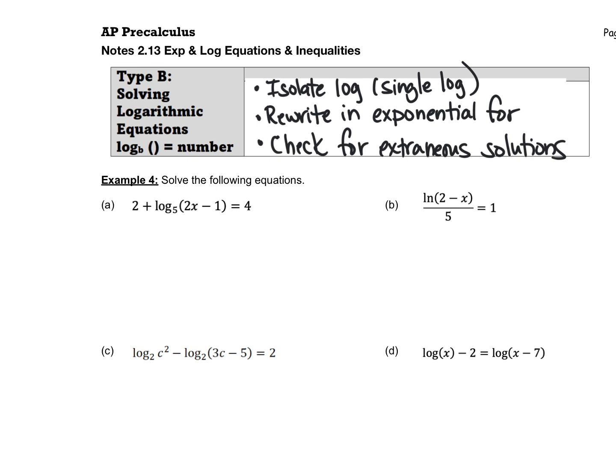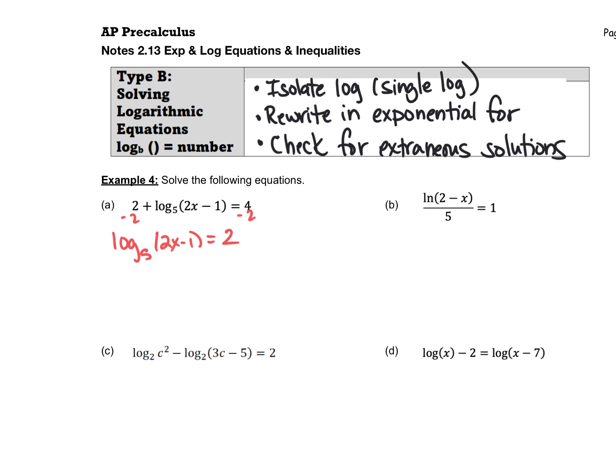So let's take a look at the first one. I want to isolate that log base 5. Who needs to move? The 2. If I pull that 2 over, that gives me log base 5 of 2x minus 1 is equal to 2. So now we have a single logarithm that I want to write in exponential form.